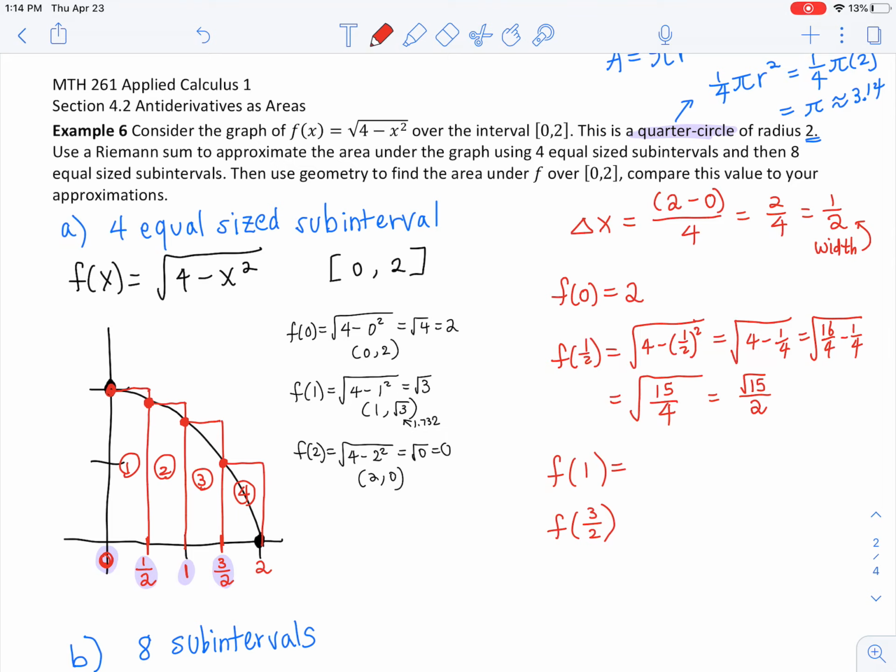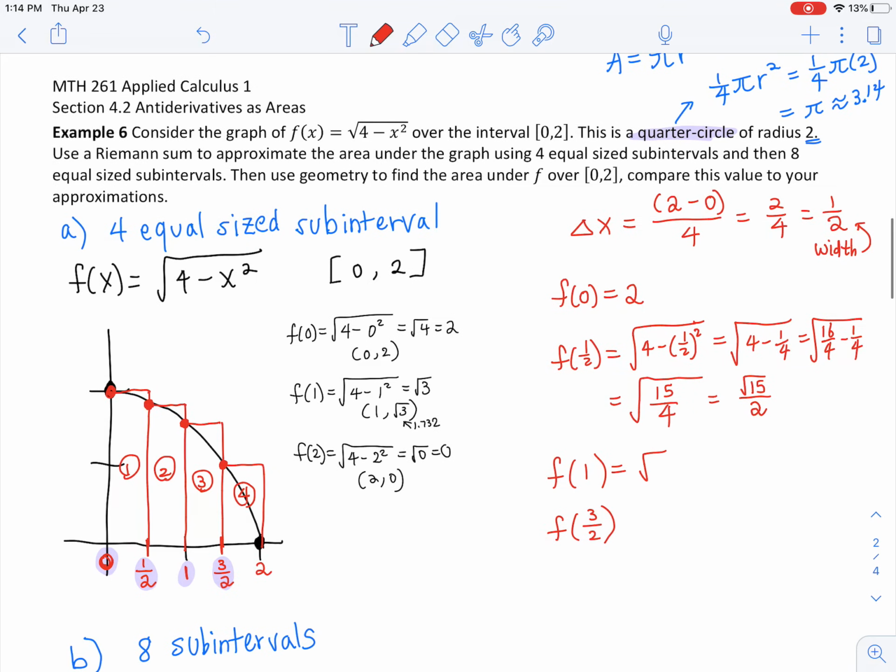That will give me square root of 15/4. And if I try to simplify this, I will have square root of 15 on the numerator, and the denominator can come out as 2. Okay, yay! So what we just found is the second height, the height of the second rectangle.